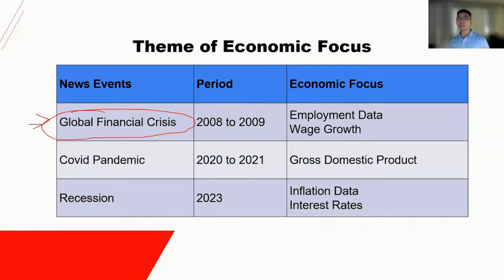The crisis also had a significant impact on wage growth. As unemployment rates rose, employers had less incentive to offer pay rises or bonuses, and some even cut wages. In the US, wage growth slowed from 4.4% in 2006 to 1.8% in 2009.